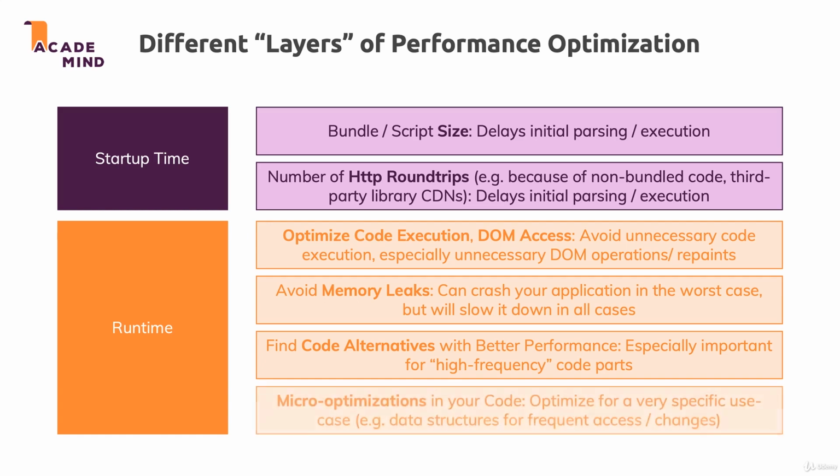Related to that is another approach which is called micro-optimizations. You can optimize certain parts of your code, and actually looping through an array with a quicker alternative would be one example for such a micro-optimization. You can optimize parts of your code for specific use cases.